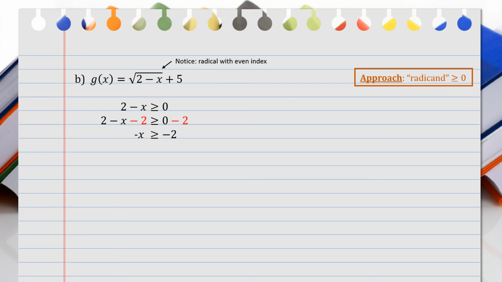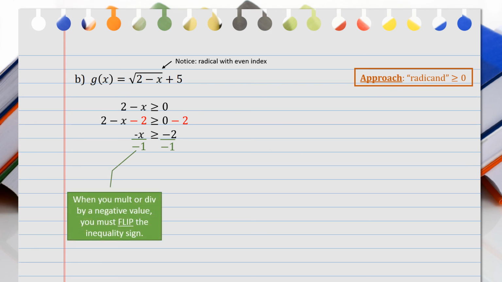To help isolate x, we need to divide the left side and the right side by negative 1. But remember, when you multiply or divide by a negative value, you must flip the inequality sign, which means you are left with x is less than or equal to 2.